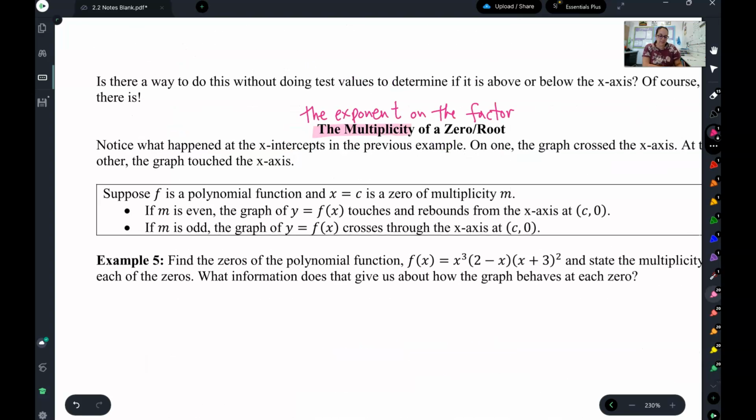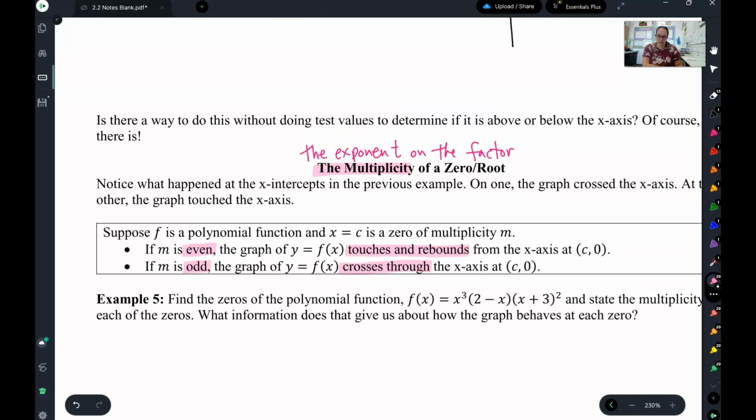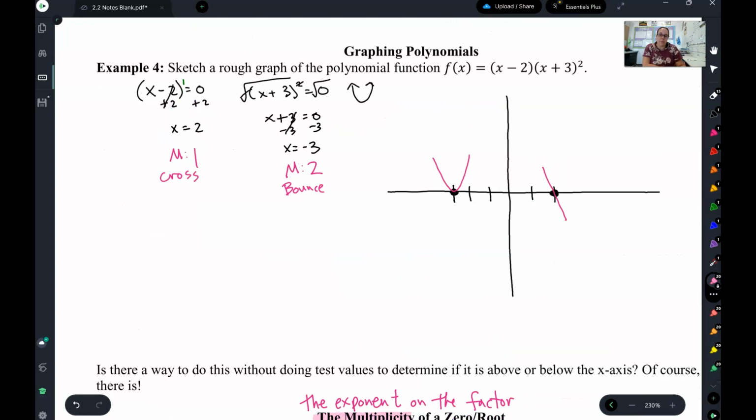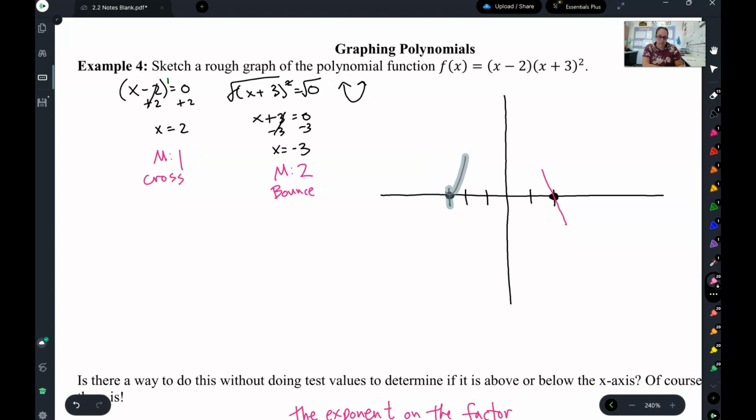So basically, to summarize, if the multiplicity is even, the graph touches and bounces at that x-intercept. If the multiplicity is odd, it crosses through that x-intercept. And we know that because evens make parabolas. X squared, x to the fourth, x to the sixth. If you graph all those graphs, they're parabolas. Whereas odd makes cubics or linears. Those go straight through.